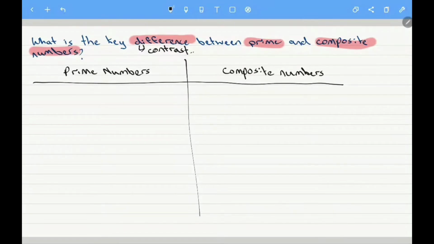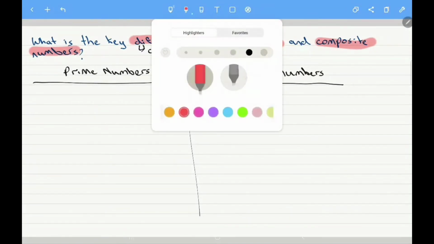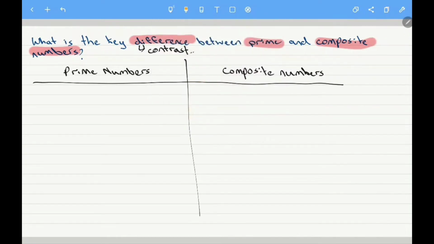And another part that I forgot to point out was this word, key. Key difference. So what is the main difference between prime and composite numbers? Of course there are many differences prime and composite numbers have, but if we were to boil it down to the feature that distinguishes prime numbers from composite numbers, what would that be?